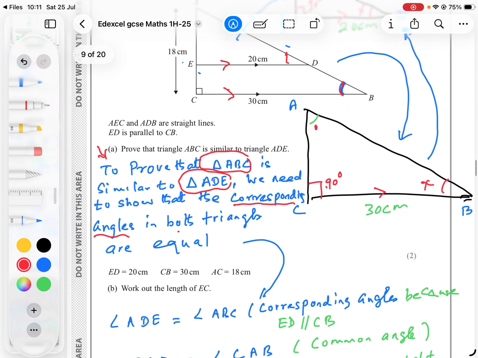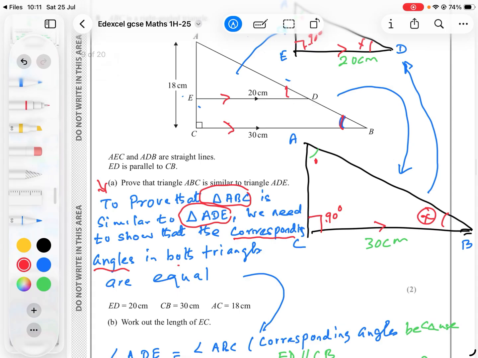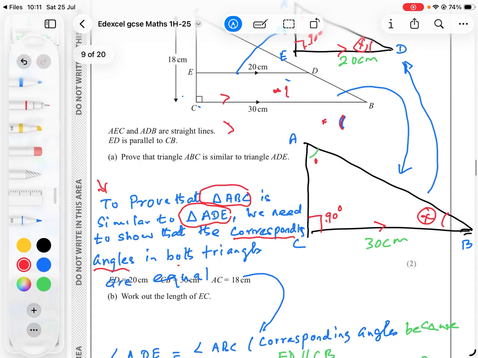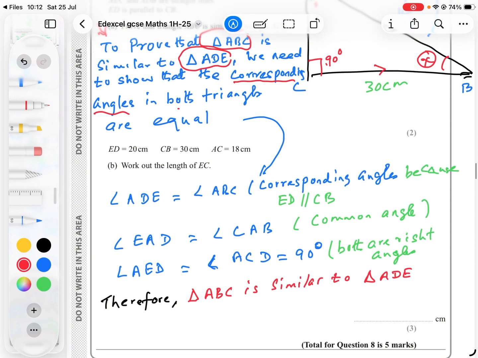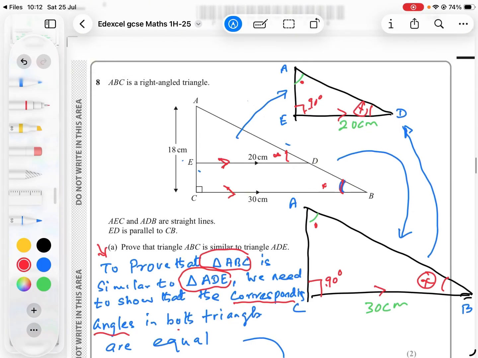So you need to write in a sentence, angle ADE equals angle ABC. The reason, corresponding angles, because lines ED and CB are parallel. See this one, ED and CB are parallel.